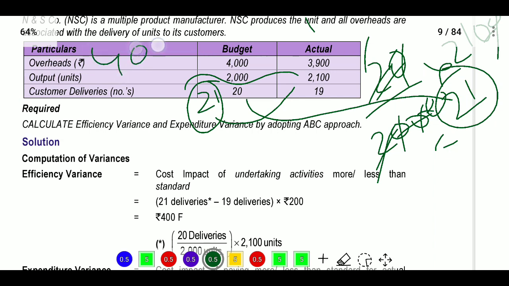Overhead expenditure 4000 divided by 2000 is the budgeted expenditure. Okay, we will see here.